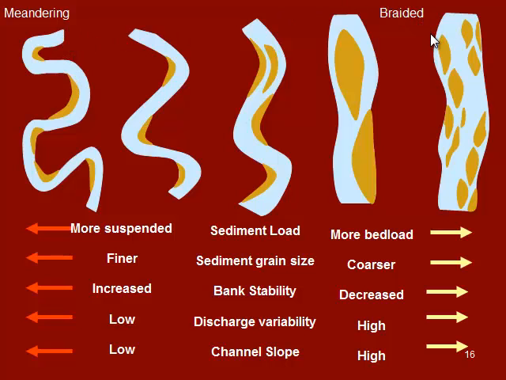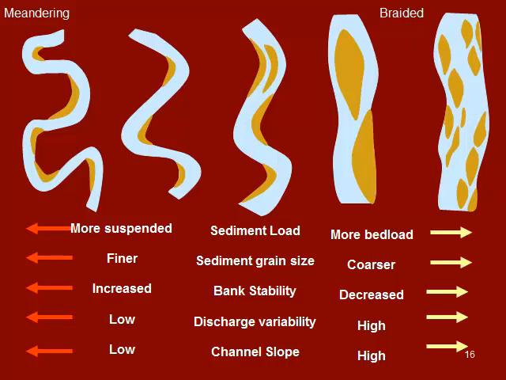Braided changes every year, so a pretty decreased amount of stability over here. And then variability, same idea, high amounts of variability every year, things change. Meandering, a lower amount of variability. And then channel slope, meandering, pretty low. Braided can be moderate to high. So those are our differences between those two.